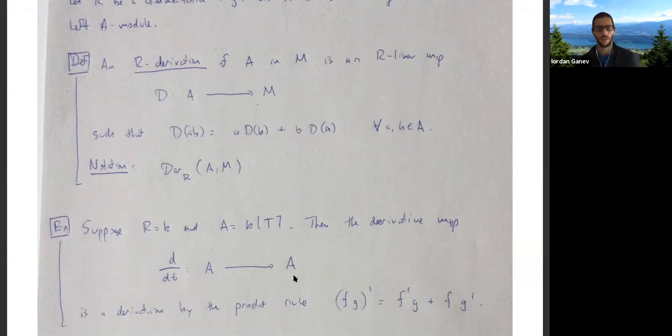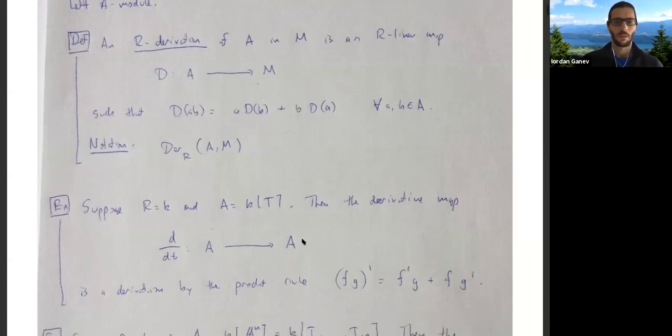We can just define it formally on monomials: t^n goes to n t^(n-1). And this is a derivation because of the product rule, basically. But you don't need calculus. You can just check this on monomials, since everything is algebraic.